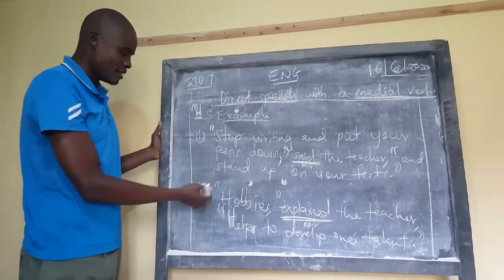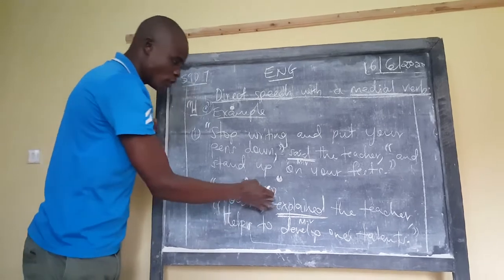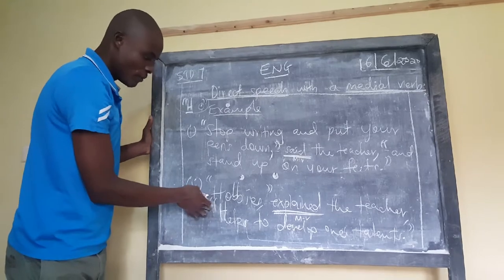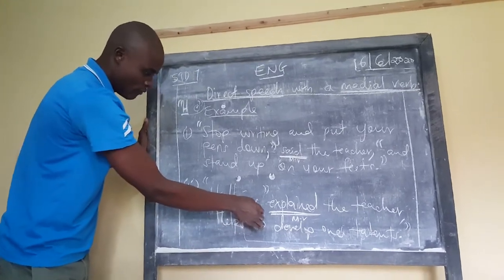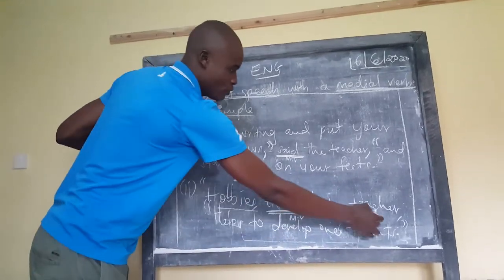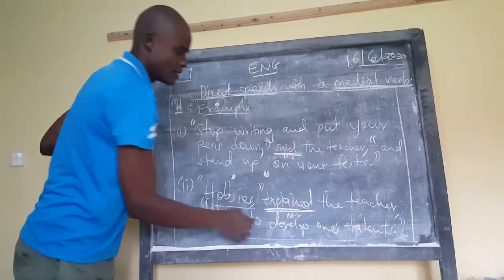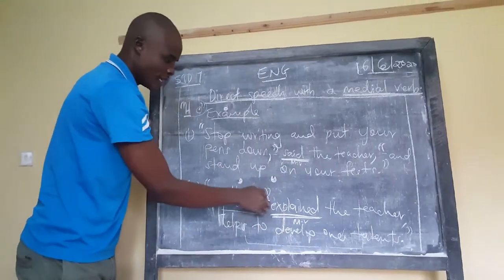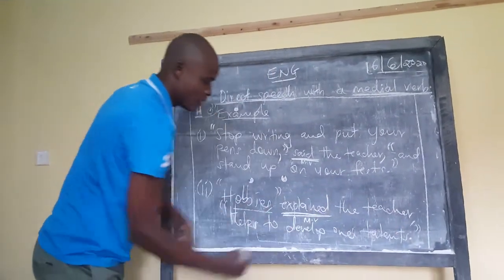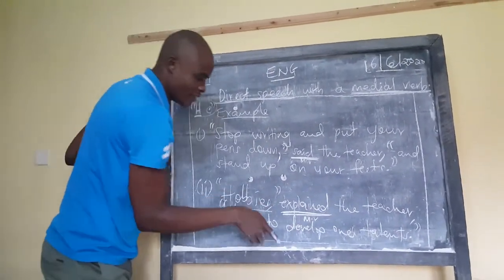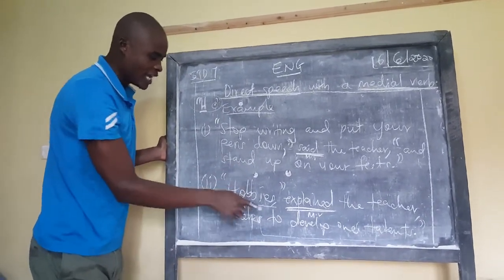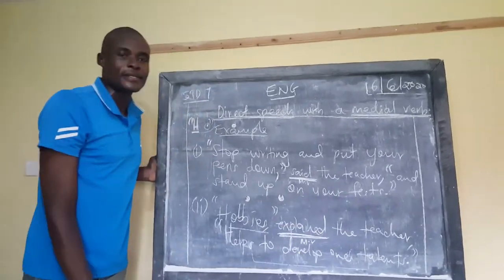You don't just open and not close here, and then open another one, because this word was the first spoken before you talk of explained, because the teacher is the one who has just explained the word hobby. So you must end, because these are the actual words spoken by the speaker. Then you tell us the person who has just explained, and then you continue with another thing that is said after this. The next thing he said after this was helps develop one's talent.